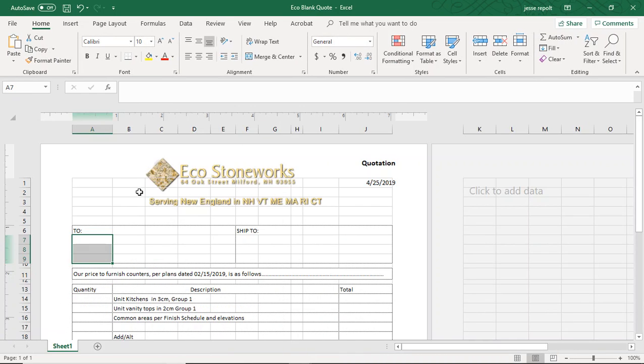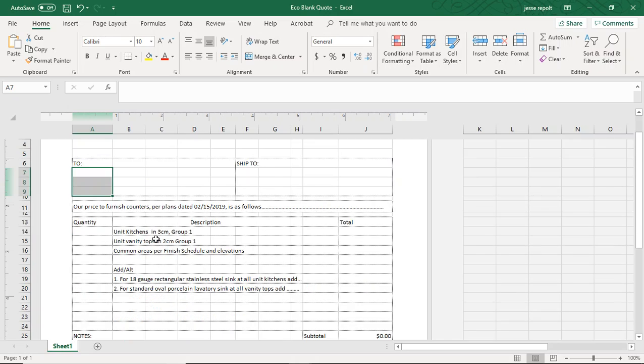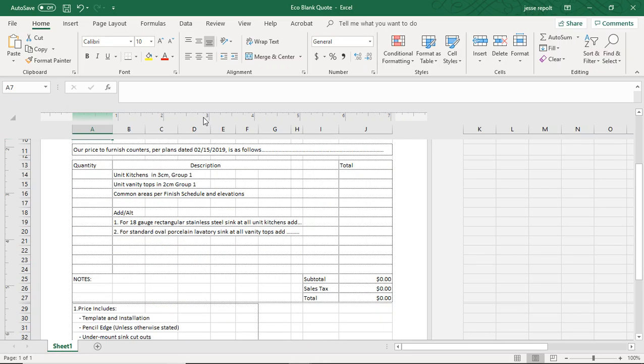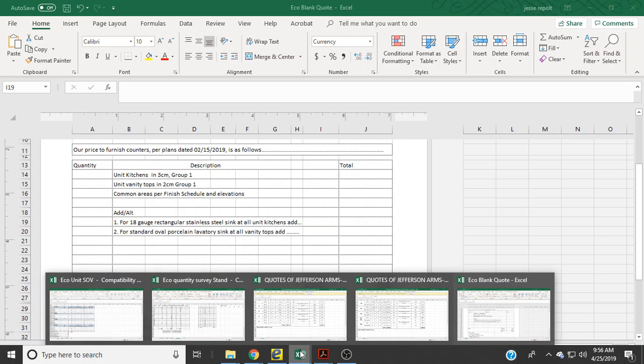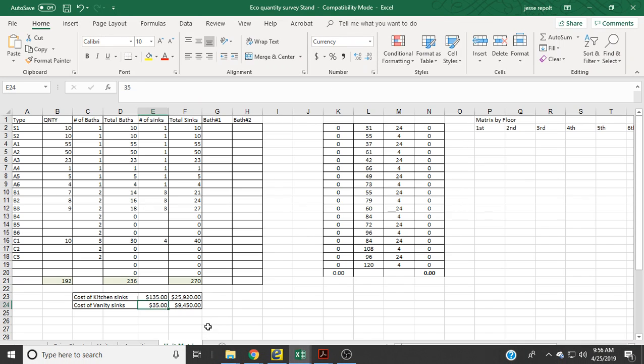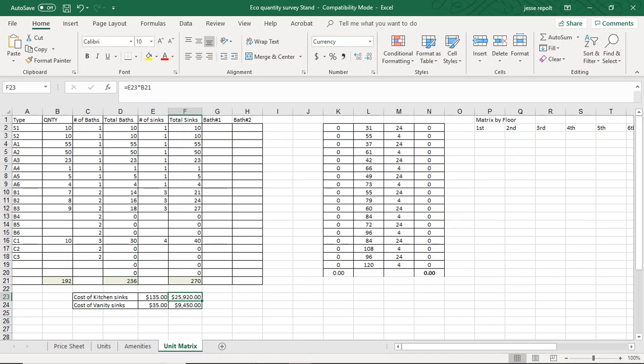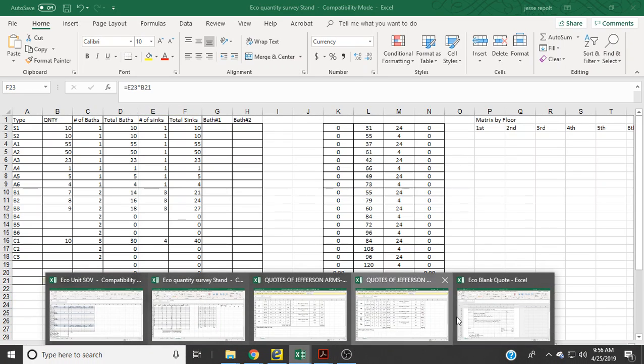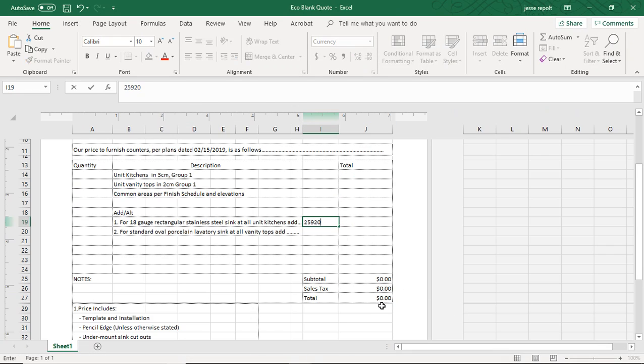Now I have 2 screens here, so it's much easier to do this when you have 2 screens, but I can only record from 1 screen. So 18 gauge, give us an ad of 25,920. So you can just punch that in.